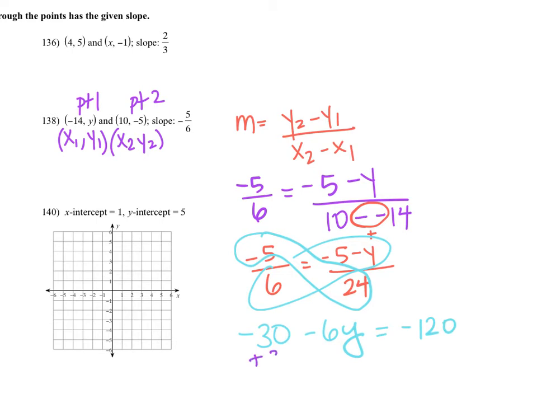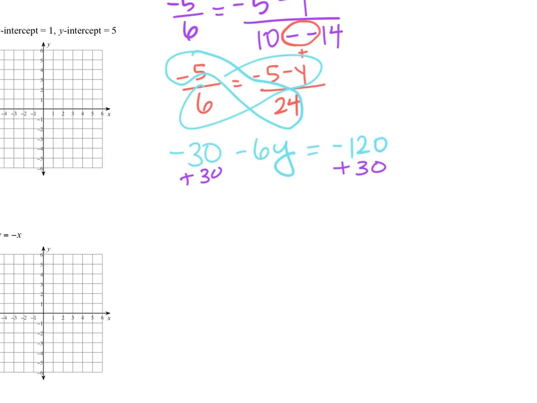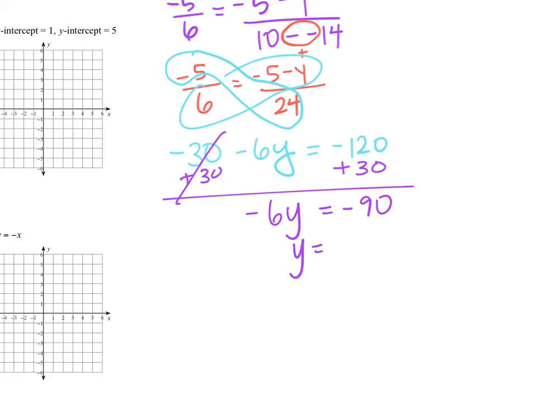I'm going to add 30 to both sides, and I get negative 6y equals negative 90. So y equals a positive 15. And I'm done. And this would be my answer.